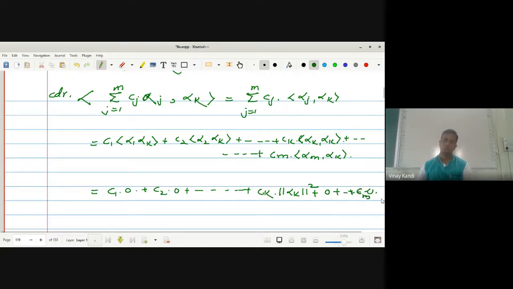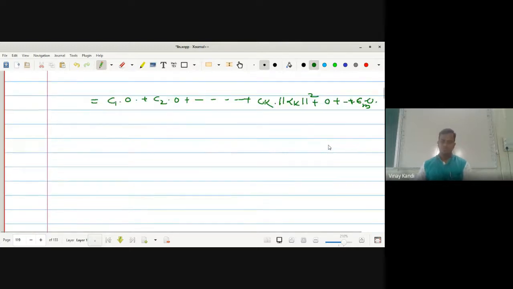Is it correct? Any doubt? No, sir. Now what is S dash? The reason: S dash is an orthogonal set.